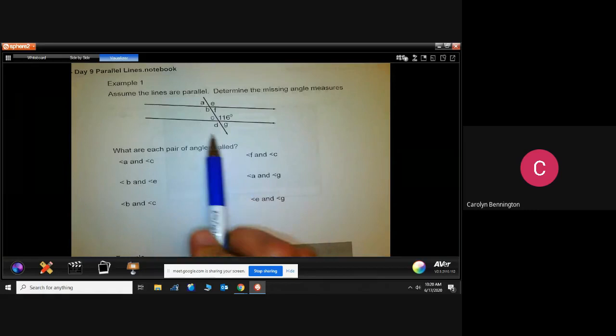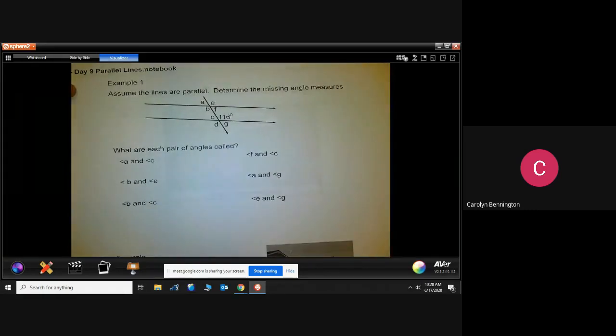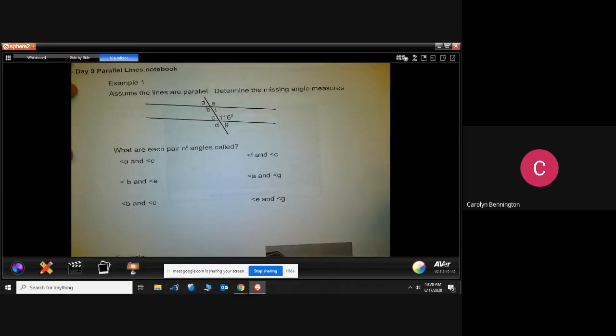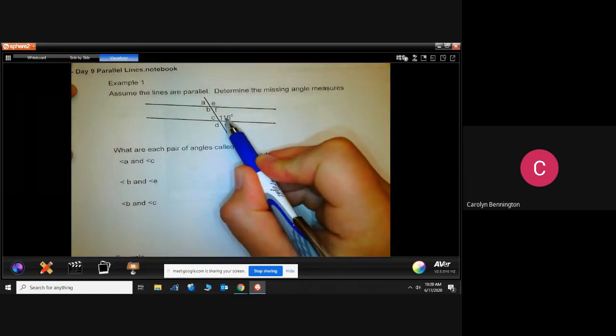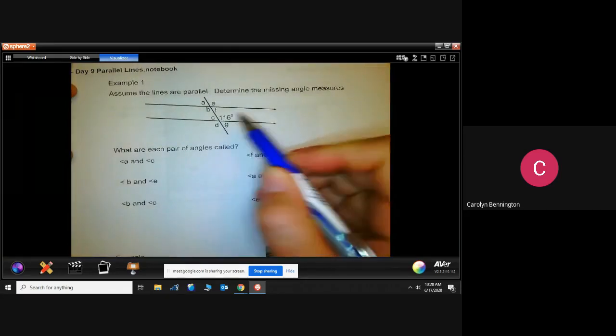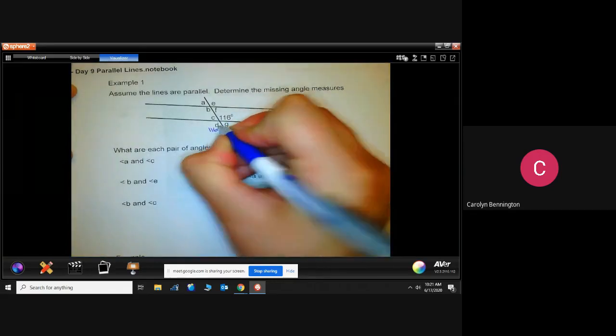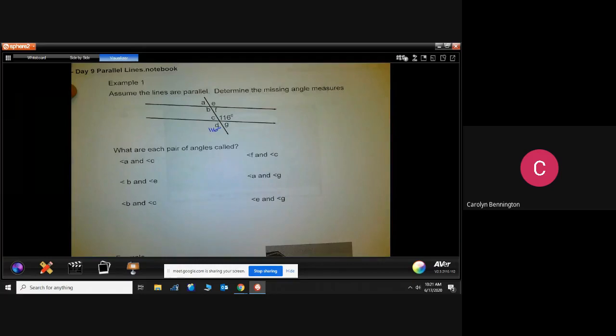Okay, so in this diagram here, we want to figure out how large each angle is. So we know that there is an angle of 116 degrees. And I know that angle D is also going to be 116 degrees because they're vertically opposite angles.